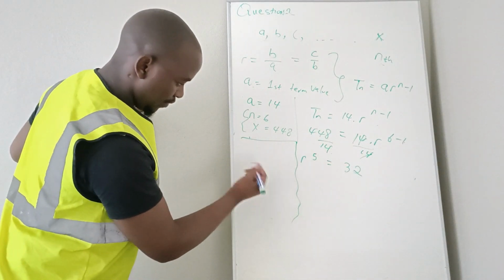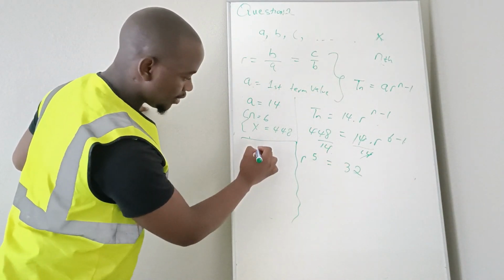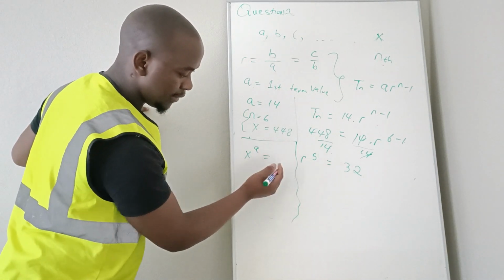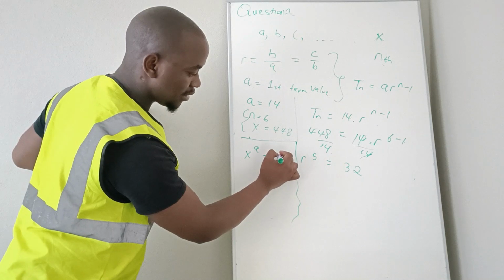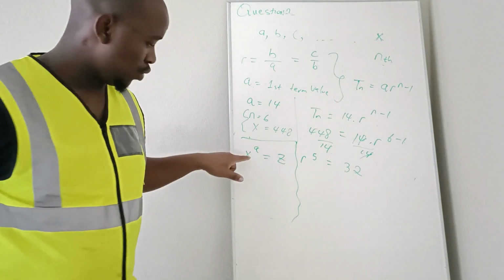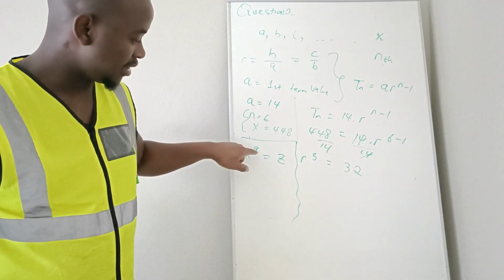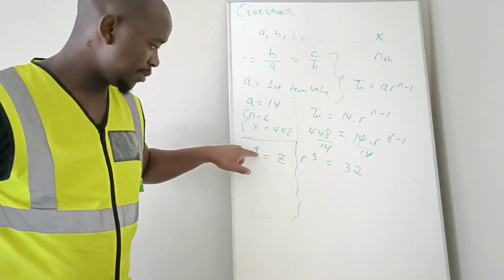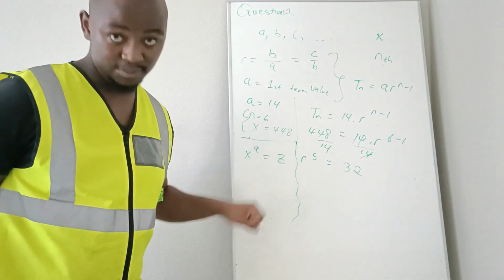If we're looking for a value x that is raised to a certain number a, we know it's going to give us, let's say, value z. We don't know the base, but we know the exponent, and we know what the answer should be.